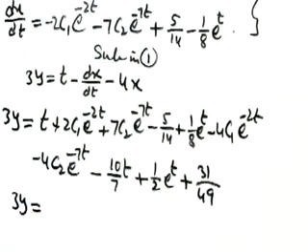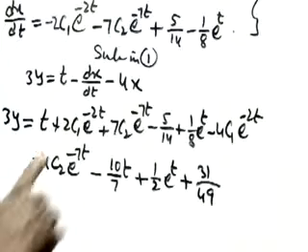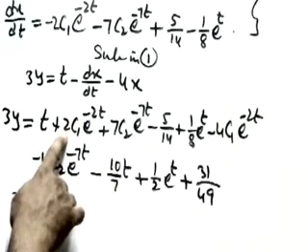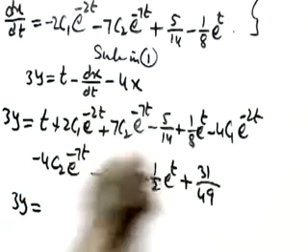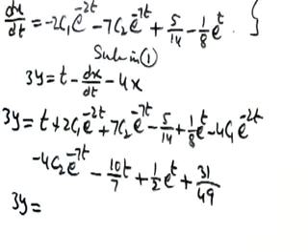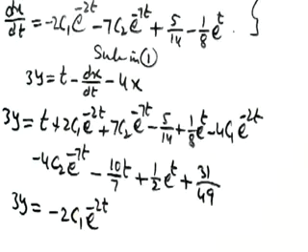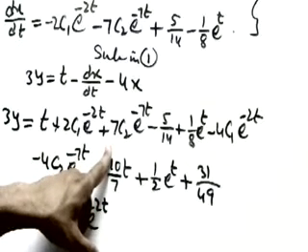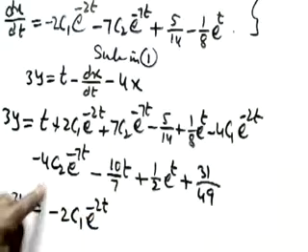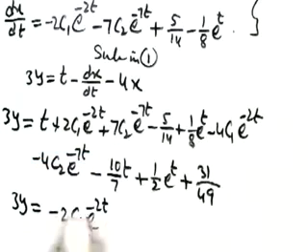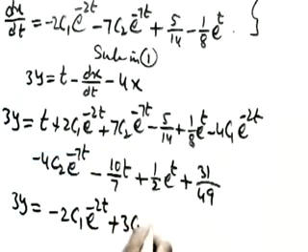Now let me add the terms to get 3y equals to. How many c1 here and one more c1 is here: 2 minus 4 will be minus 2, minus 2 c1 e power minus 2t. In the same way, 7 c2 and minus 4 c2, 7 minus 4 will be 3, plus 3 c2 e power minus 7t.